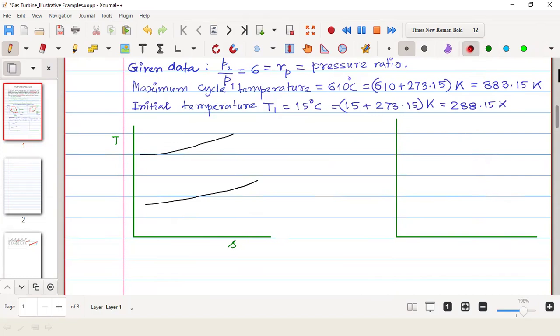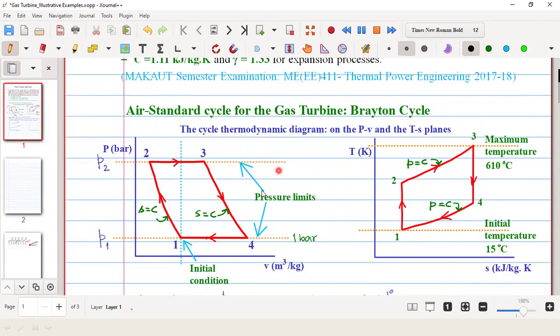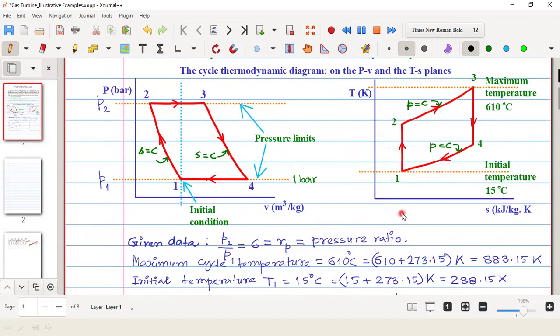So when compression is taking place, this is P1 and it is P2. So when the compression is taking place, you see this is the compression. So 1 to 2 is the compression process.